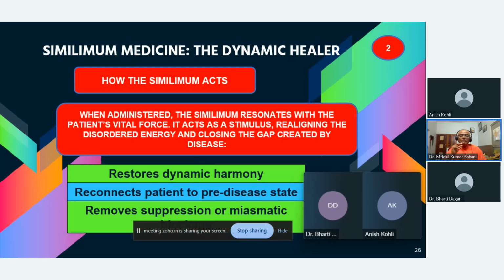When you prescribe the simillimum, it acts as a stimulus, realigning the disordered energy and closing the gap created by the disease. Then it will be able to restore the dynamic harmony, reconnect the patient to the pre-disease stage, and remove the suppression or the miasm.